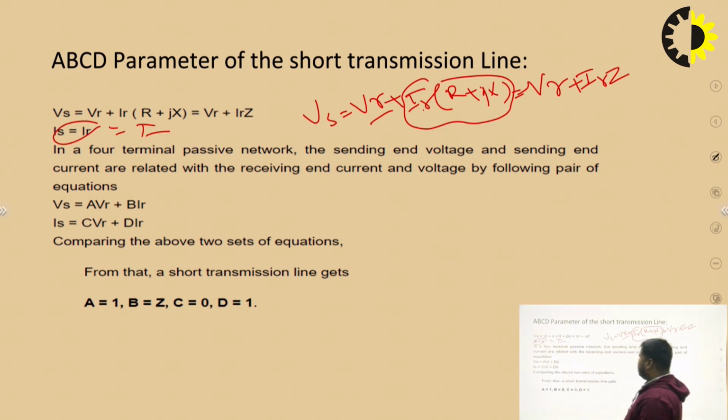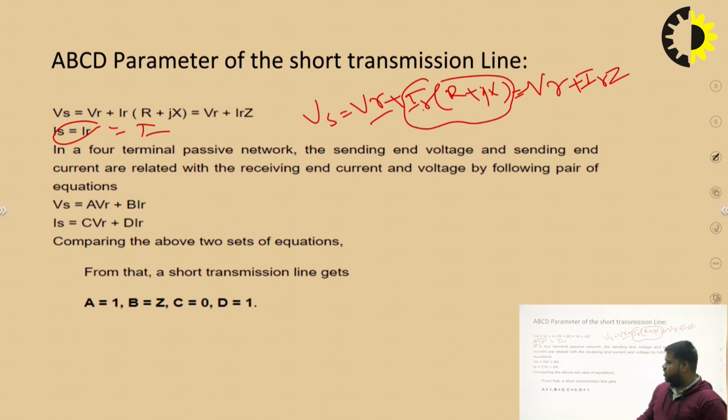So in a 4-terminal passive network, the sending end voltage and sending end current are related with the receiving end current and voltage by a pair of equations. We have already known the two-port network in the network analysis and synthesis subject, how the parameters are calculated.